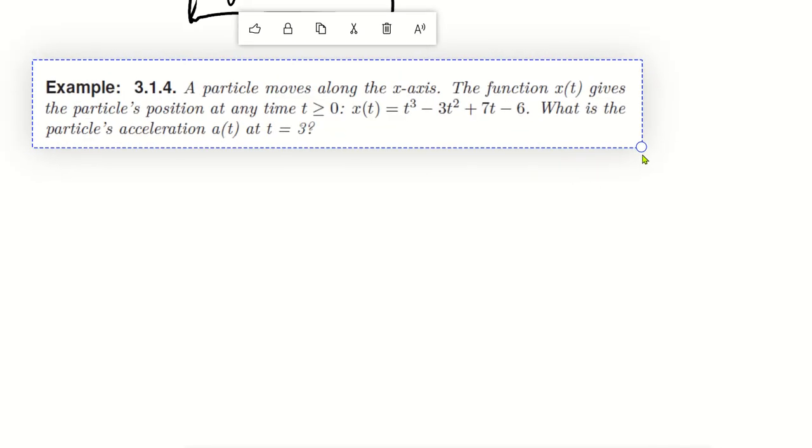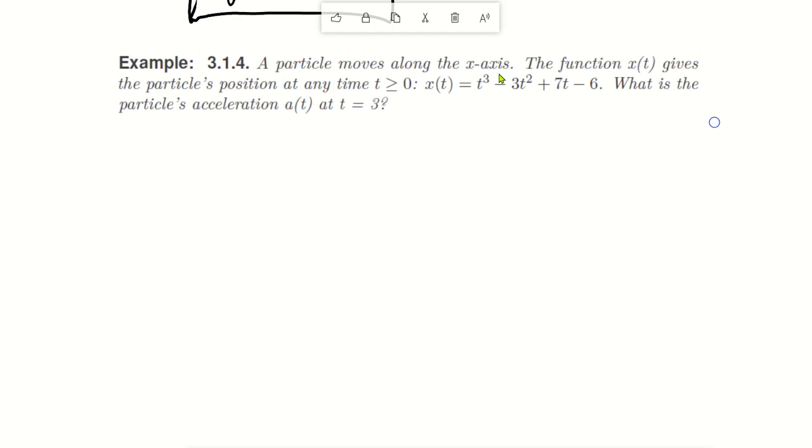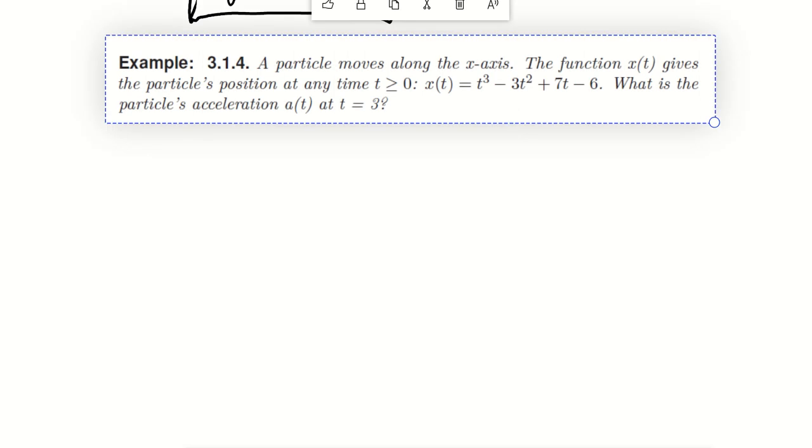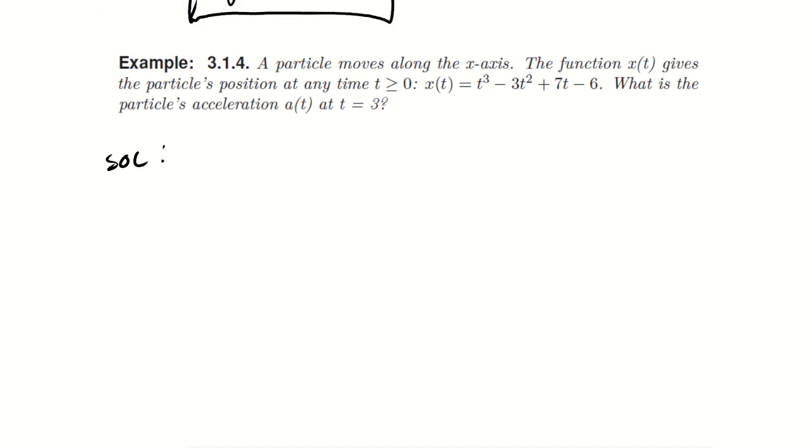3.1.4, this one. It's almost the same as the first one, but this time we want to determine the acceleration at t equals 3. So instead of the velocity, we want the acceleration. How do you solve for the acceleration?